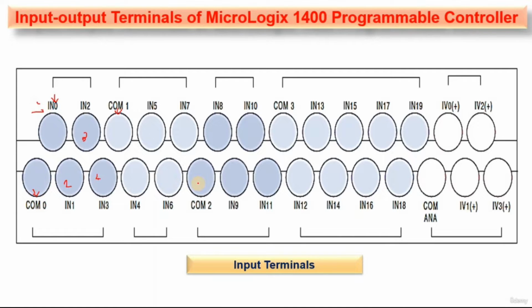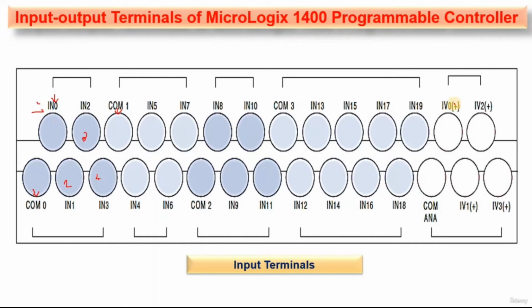So many common terminals are here in order to avoid the complexity and the traffic at one single terminal, right? Means you can use any common terminal. For example, here I am using just the first input, then accordingly we need to connect the second terminal to the common as well, because we need to complete the loop in order to flow the current, right?